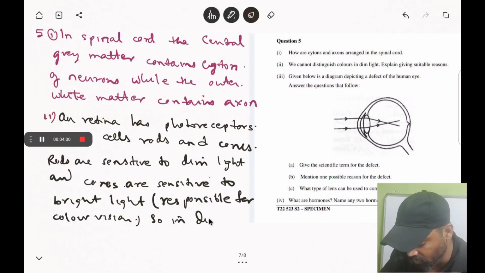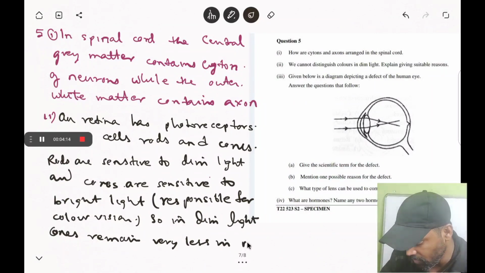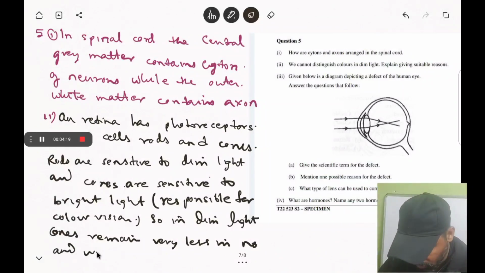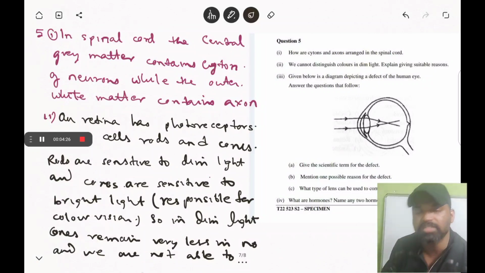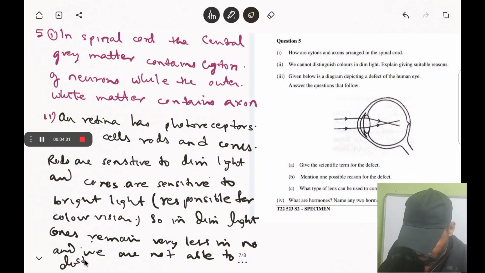So in dim light, cones remain very less in number, and we are not able to distinguish colors.